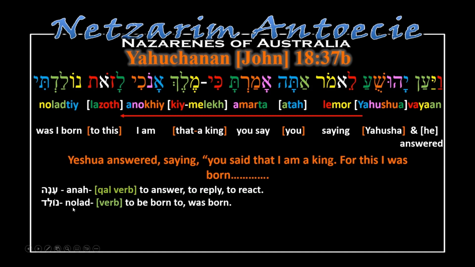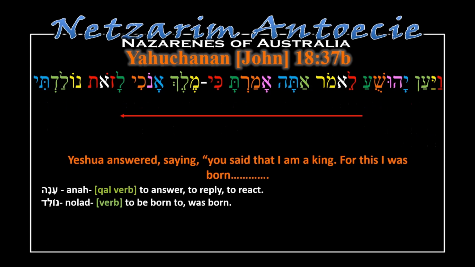Now, if we look down here, nolad is a verb to be born or was born. And the English is, Yeshua answered, saying, you said that I am a king. For this I was born.